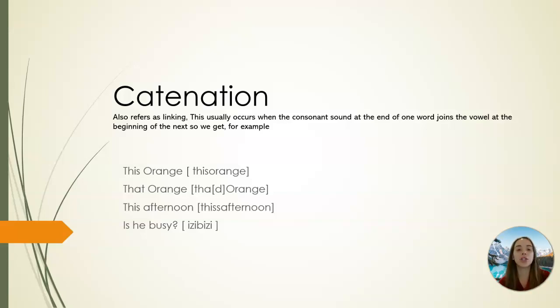So we say this orange, this orange, that orange. We want to say that orange, that orange. And you see that the T disappears and it's pronounced like a D.